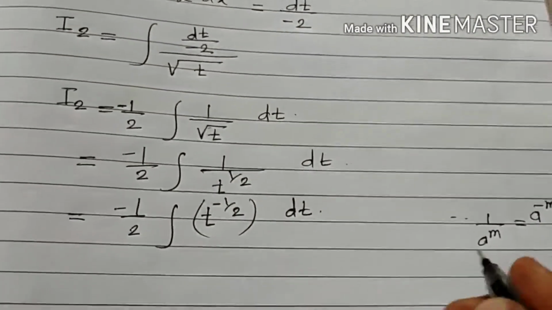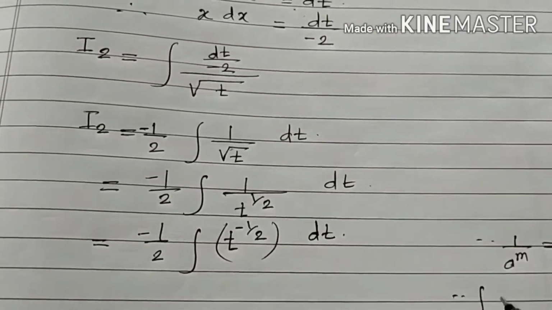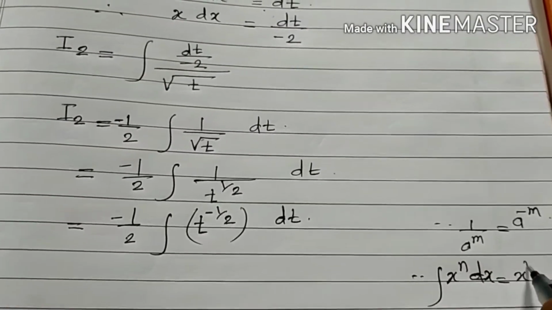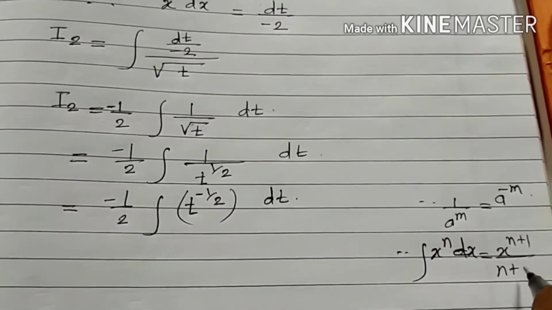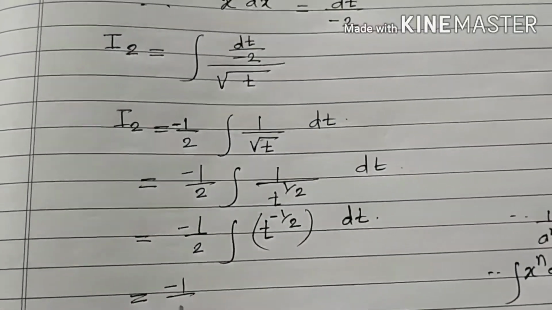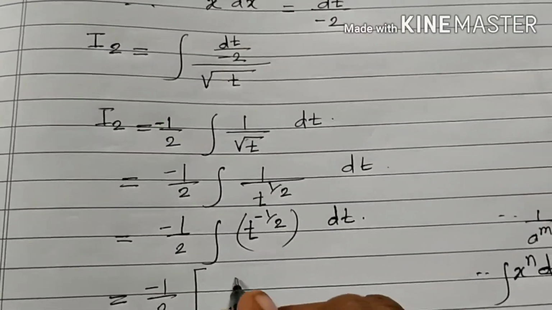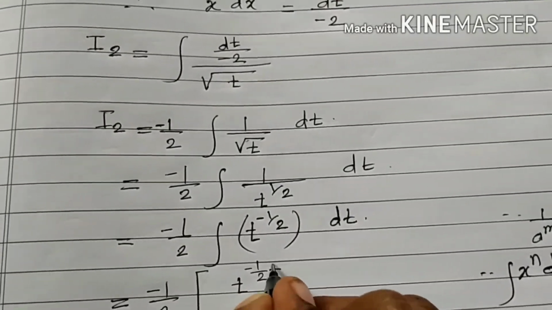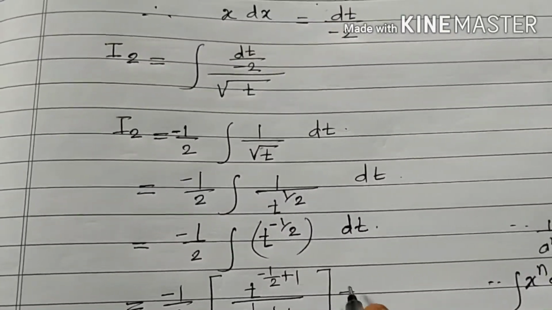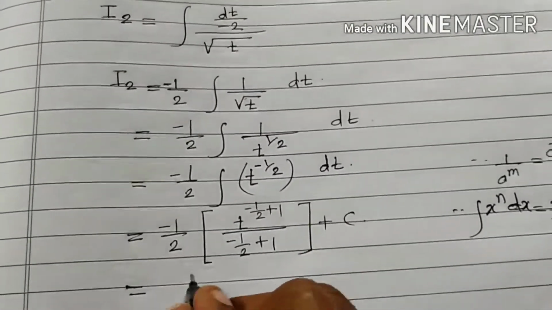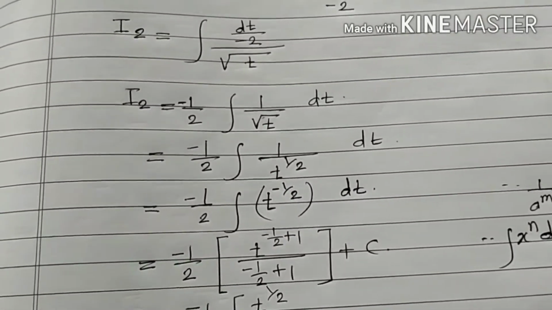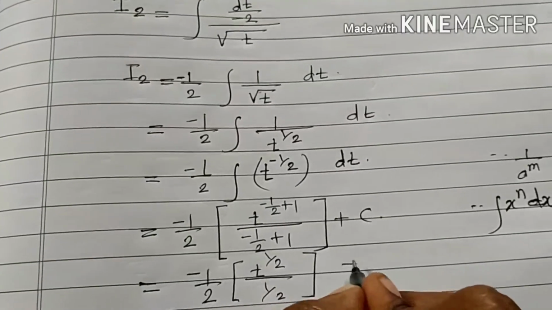Now use the formula: integration of x raised to n dx is equal to x raised to n plus 1 upon n plus 1 plus c. Using this it will become minus 1 by 2 t raised to minus 1 by 2 plus 1 upon minus 1 by 2 plus 1 plus c. So it is minus 1 by 2 t raised to 1 by 2 upon 1 by 2 plus c.